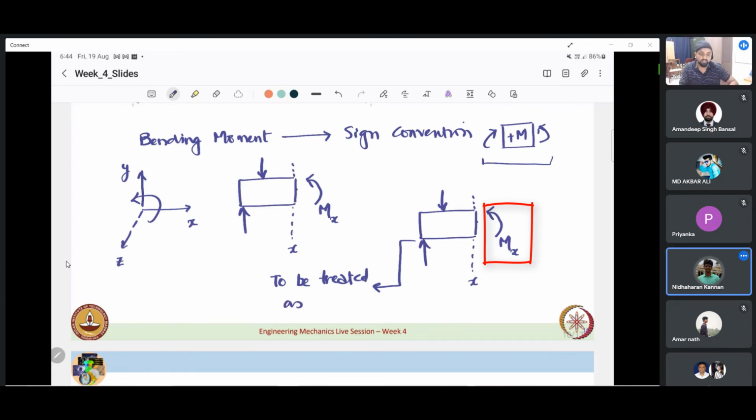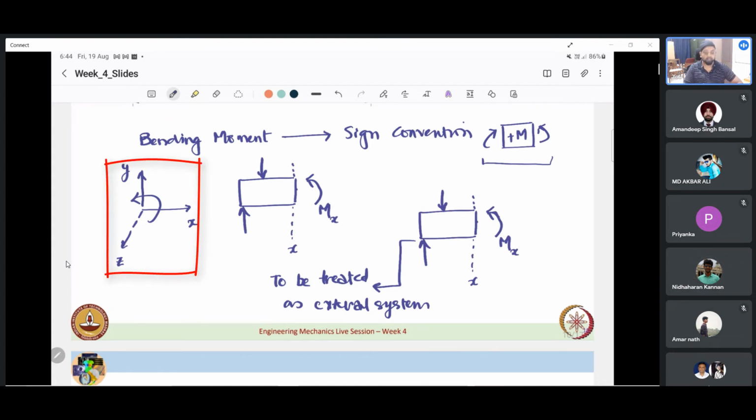So this entire thing will now be in equilibrium, which means while adding up, this Mx shows up as an externally applied moment. We know the convention for externally applied moment. As per our convention, anti-clockwise moments are positive. So Mx will be adding up as positive. This is the idea behind that. Does that answer you, Kannan, or if you have any remaining doubts, please ask.